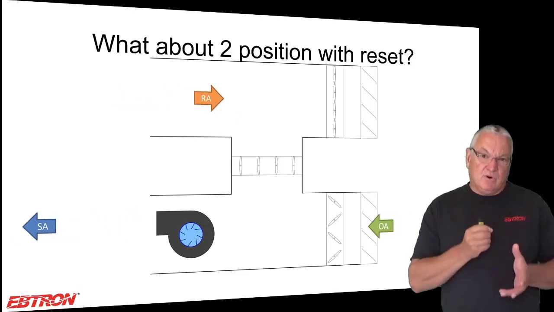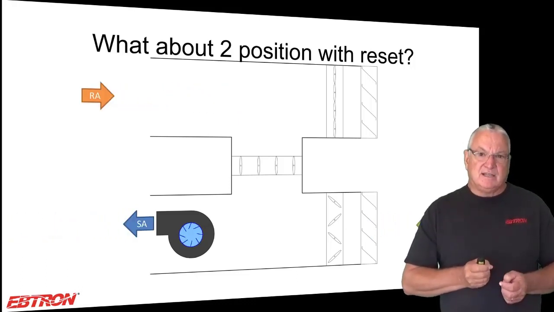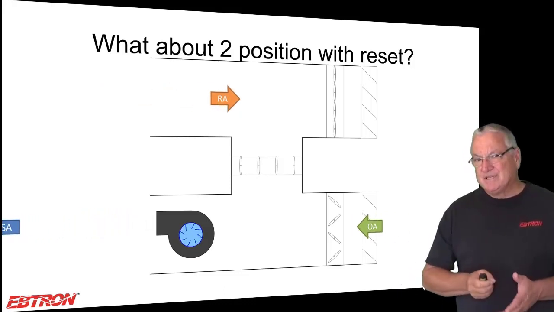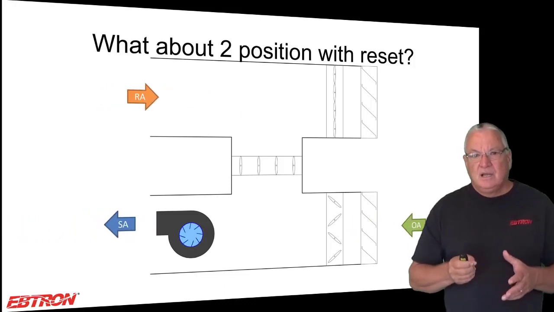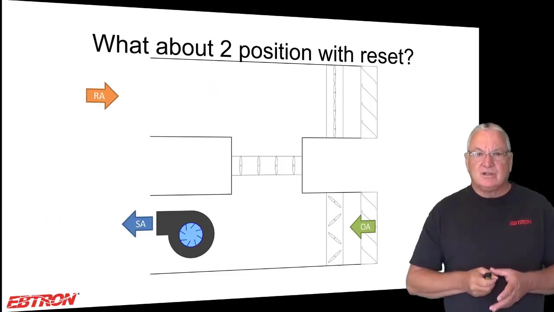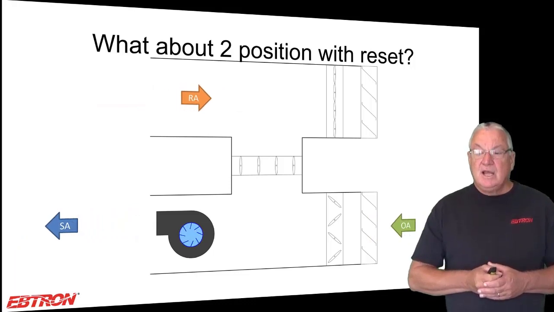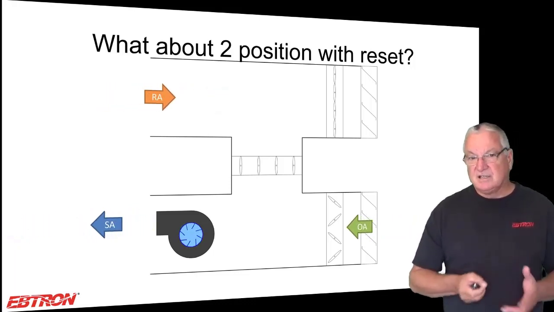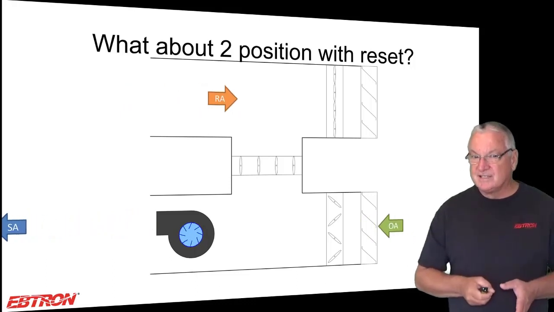Whenever you go to multiple positions on a damper like this, if you go to a more open position, it's kind of exactly the opposite on a DCV system. But as you go to a more open position, you've changed the flow coefficient of this damper and of this intake system. And basically everything I've been doing is based on the flow coefficient of the intake system.